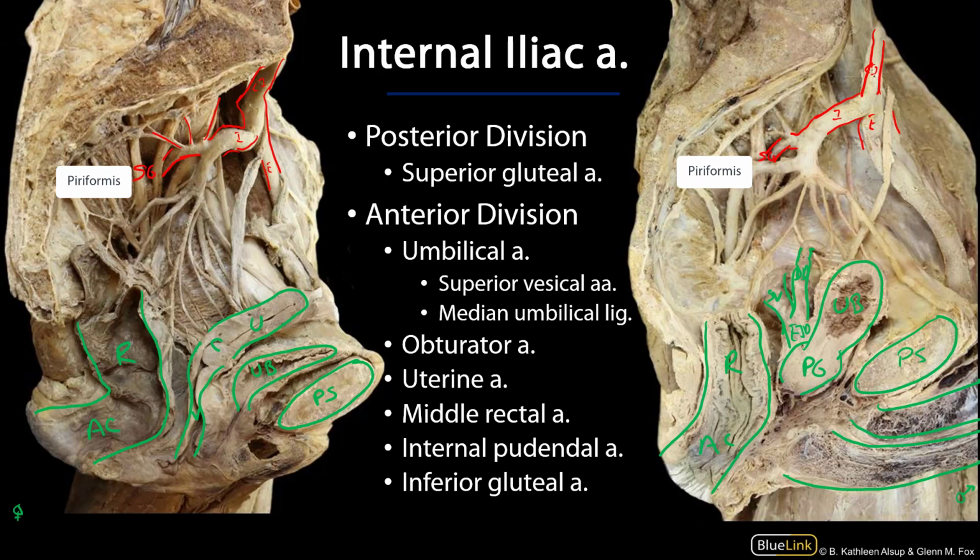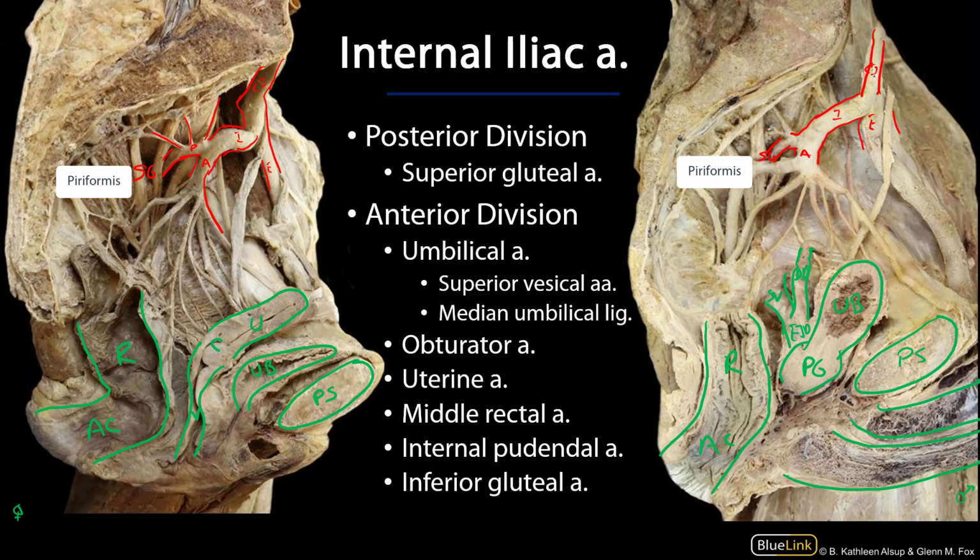And then we have the anterior division. So that's the posterior. Here's the anterior division. We can see a very massive anterior division over here. And that is going to have a multitude of clinically important branches.